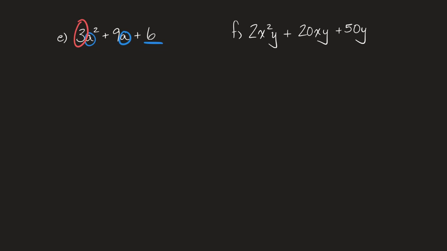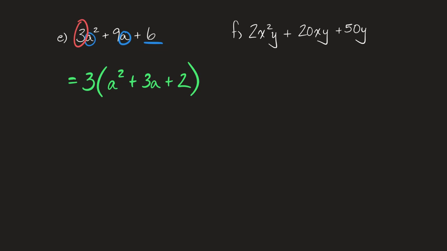Okay, let's take a look at all 3 terms. I'm going to common factor if I can find one. And when you examine all three of those terms, I hope you see that you have a factor of 3 in all three terms. So if I factor out that greatest common factor, then that leaves me with an a squared from the first term, a 3a from the second term, and a positive 2 from the last term.